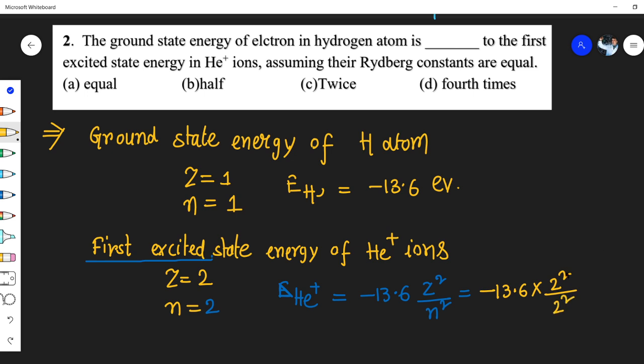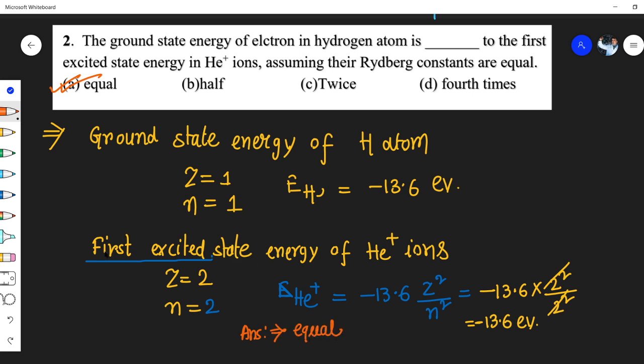So 2 square and 2 square are 4 and 4, and these cancel each other out. So it becomes minus 13.6 electron volt. My dear aspirants, if you compare this value and the ground state value, you understand that both values are the same. So the correct answer for this question should be equal.